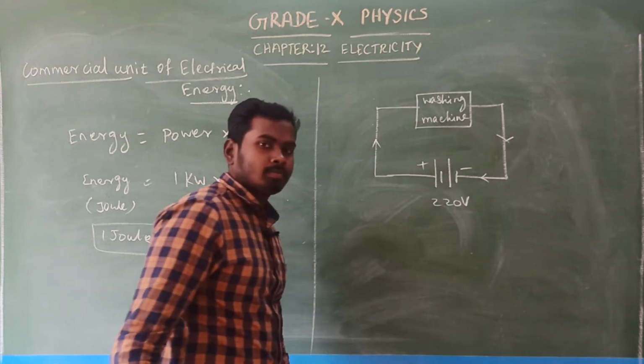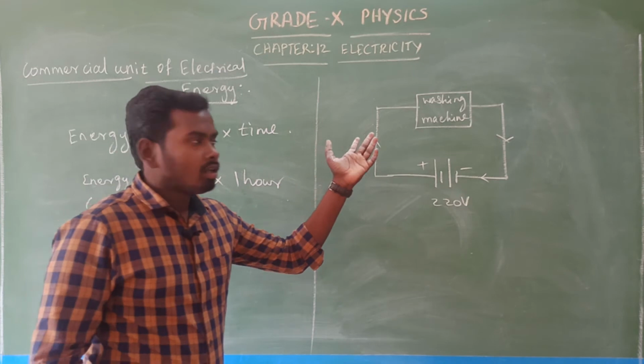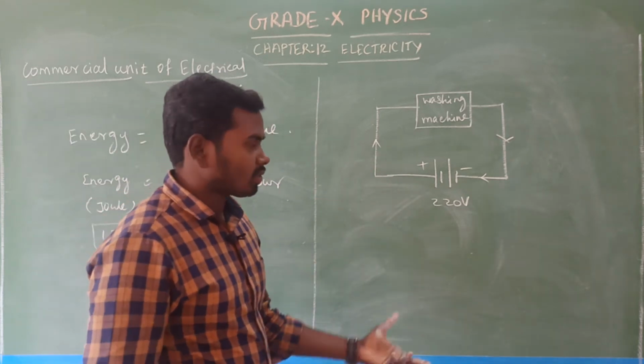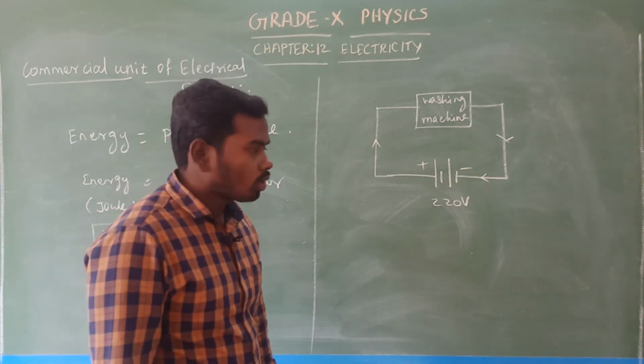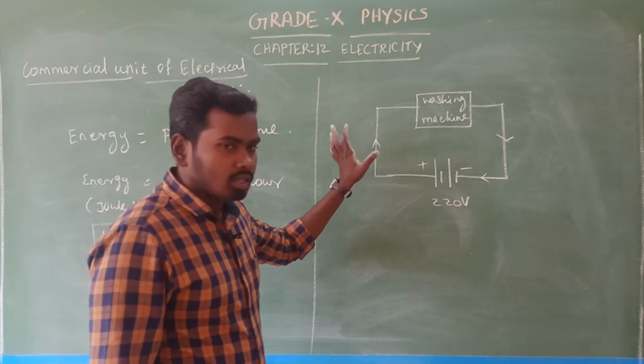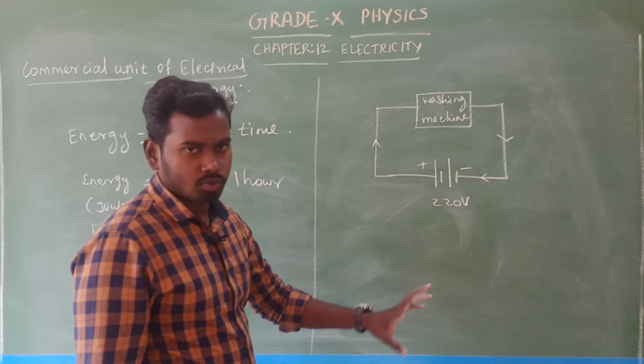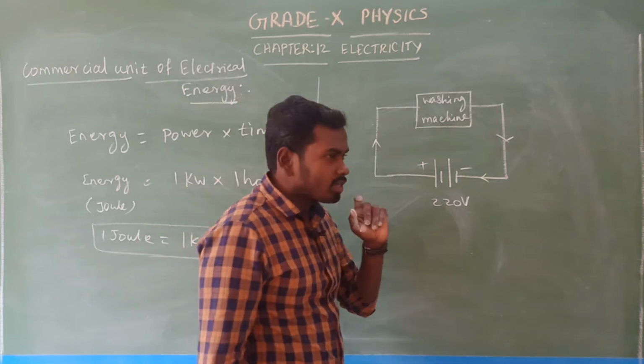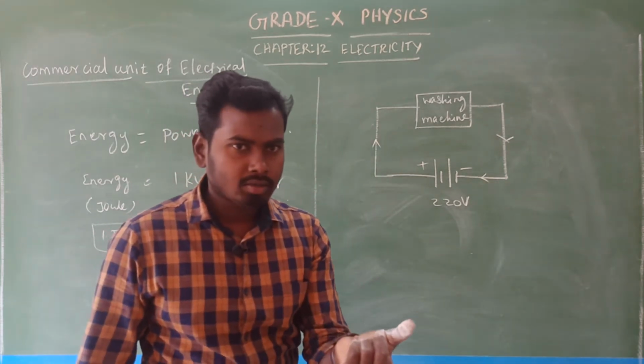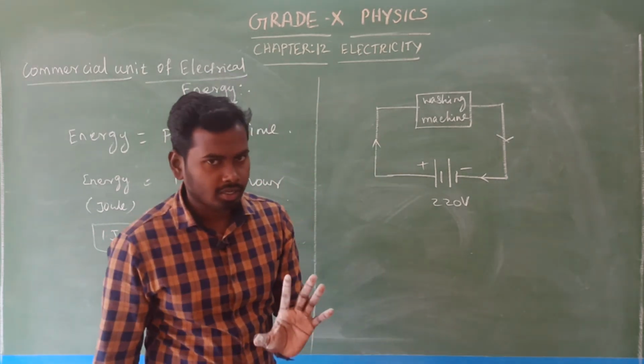In this electric circuit, we have connected a washing machine across the two terminals of the battery. We apply 220 volts, so due to the potential difference, current flows throughout the circuit. The washing machine is one of the electrical appliances.